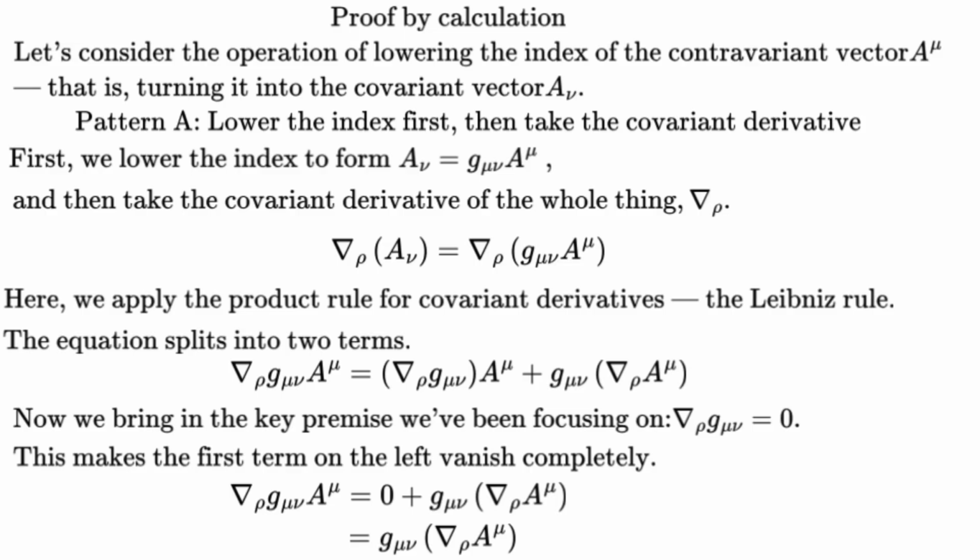First, we lower the index to form A nu equals g mu nu A mu, and then take the covariant derivative of the whole thing, nabla rho. Here, we apply the product rule for covariant derivatives, the Leibniz rule. The equation splits into 2 terms.